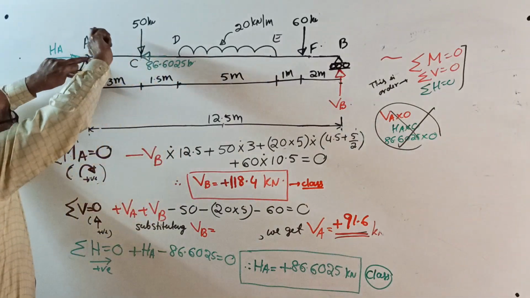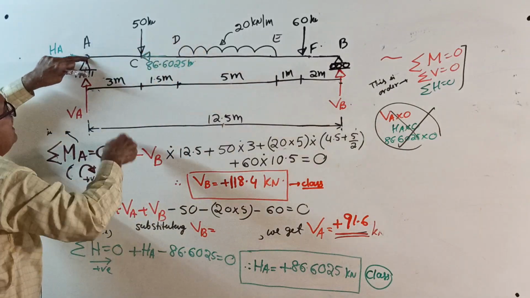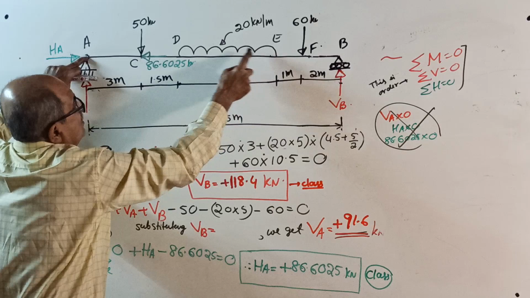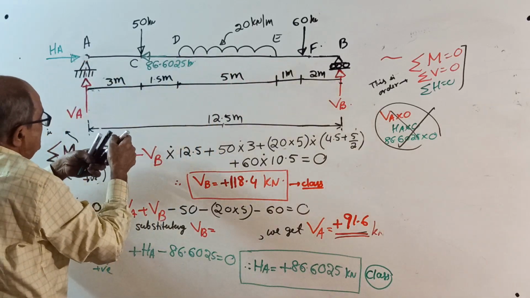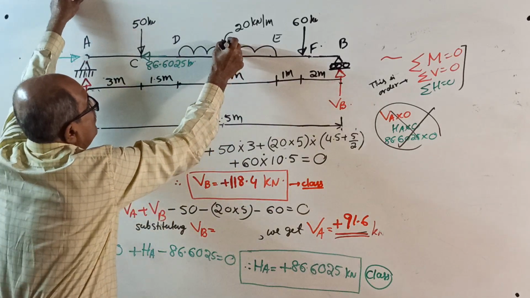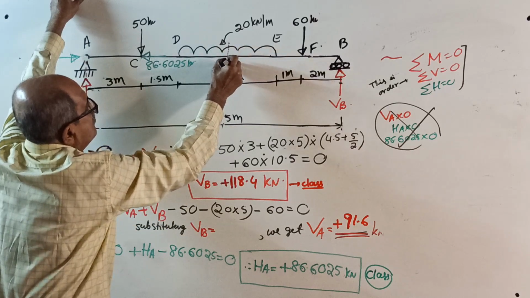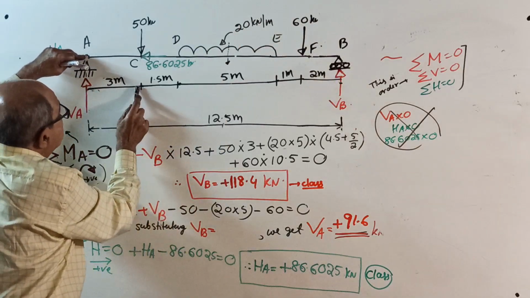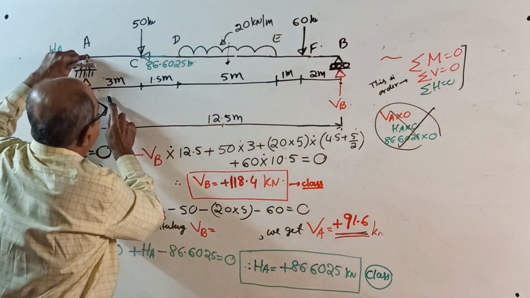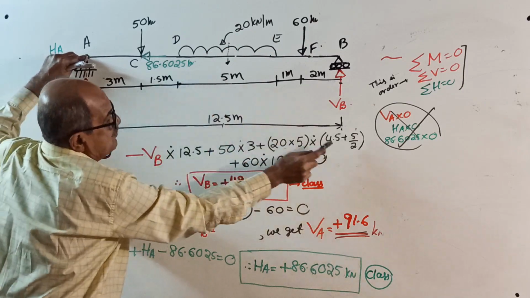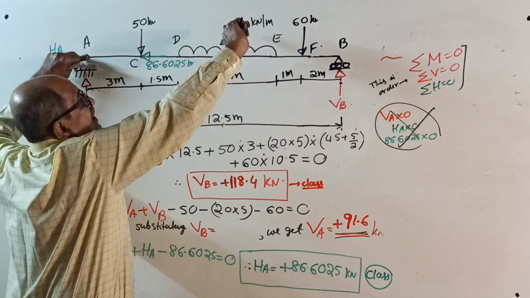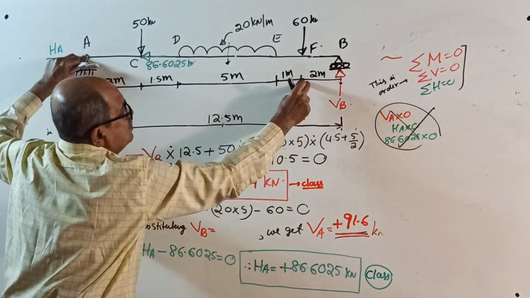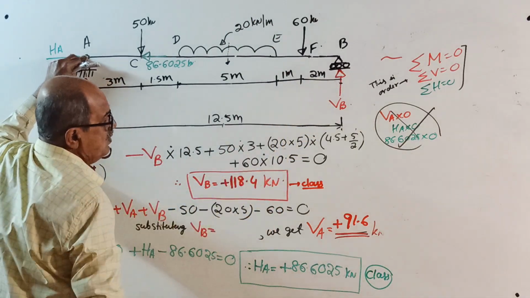Then clockwise plus 50 into 3, plus 20 into 5, where 20 into 5 is the total load, into 3 plus 1.5, 4.5, plus another 5 by 2. Lastly, plus 60 into, from 12.5 subtract 2, 10.5, equal to 0.